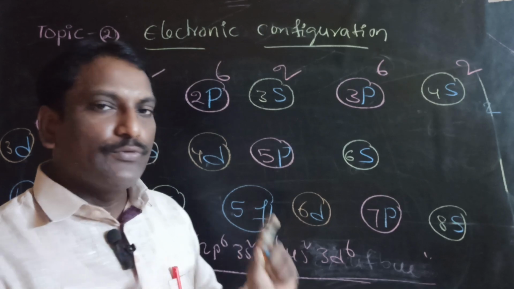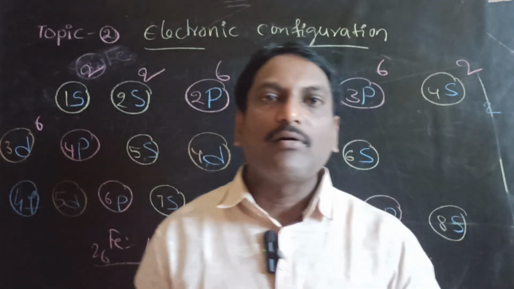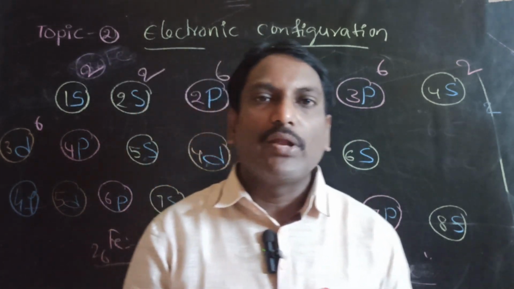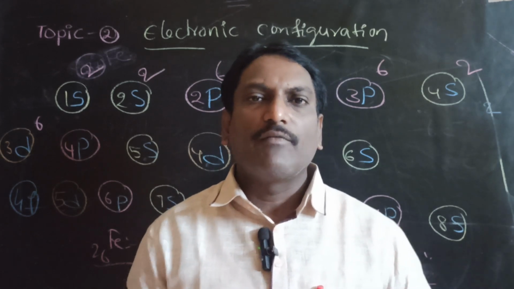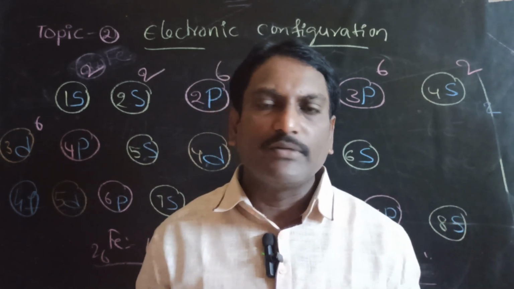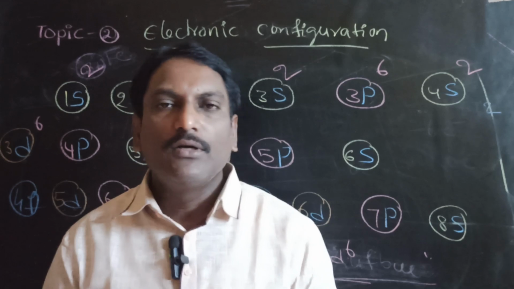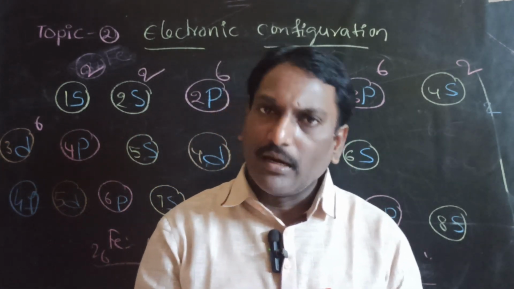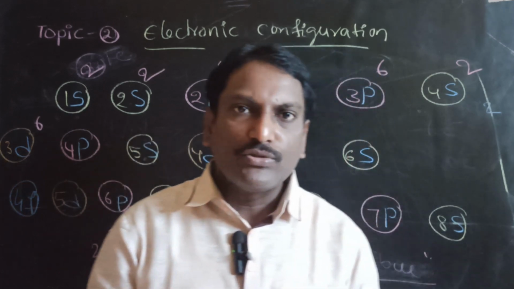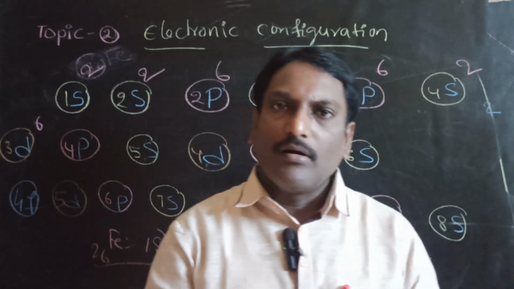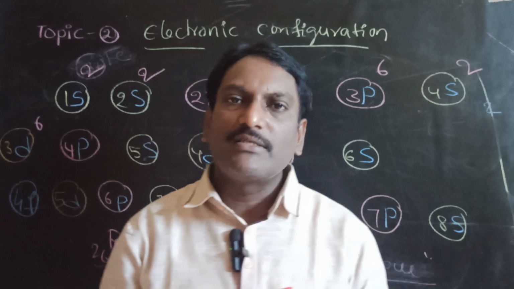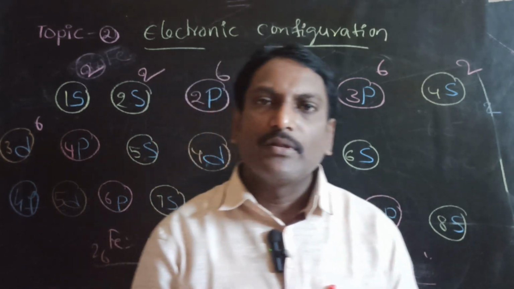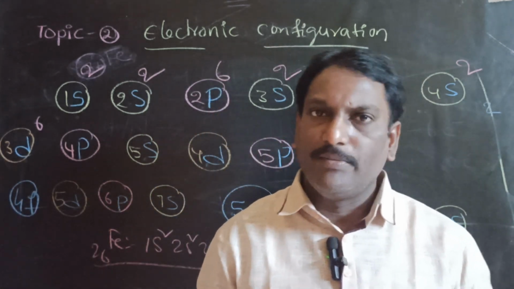So these are a few words regarding electronic configuration. Distribution of electrons in various shells of an atom is called electronic configuration. To write electronic configuration, we require three points. Point number 1, atomic number. Point number 2, list of the orbitals, that means capacity of the orbitals or subshells, and point number 3, order of the orbitals.